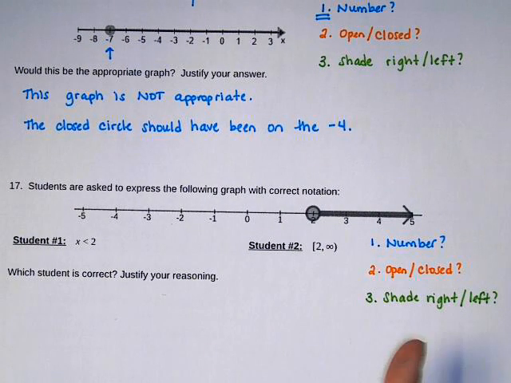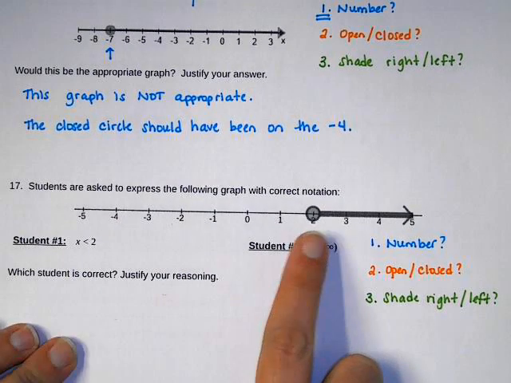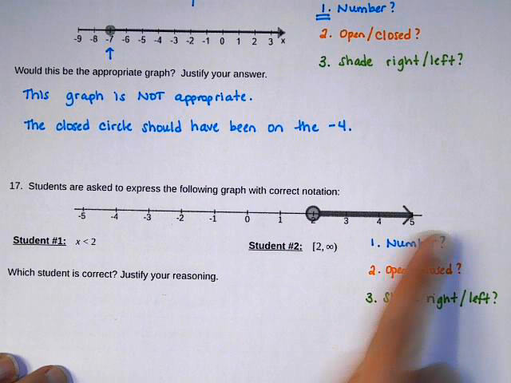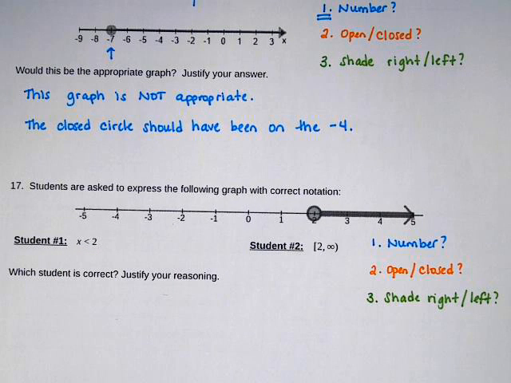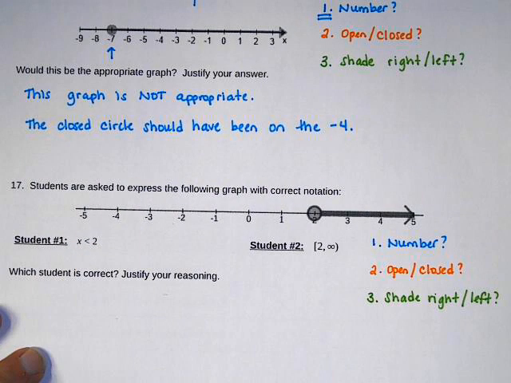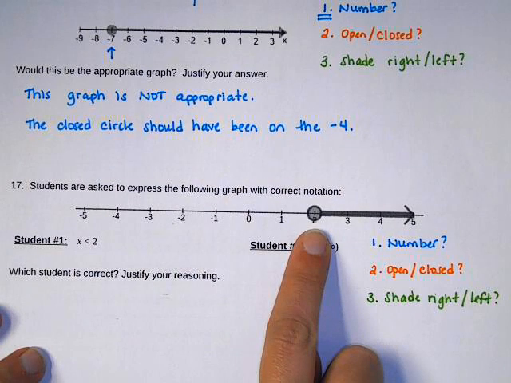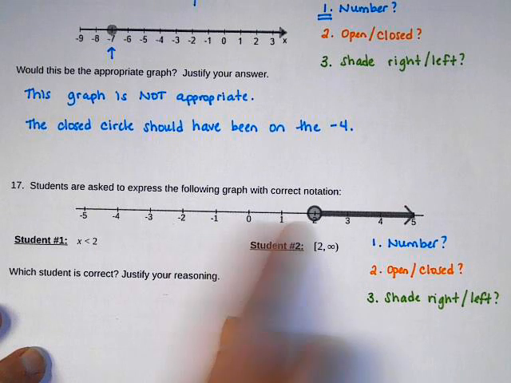If I look at this graph, I'm noticing there's a closed circle on the number 2, and they shaded to the right. For student number 1, they said x is less than 2. Now, I'm not thinking that that's correct. I'm thinking that's the wrong answer. And the reason is because x is less than 2 makes me think that it's on the right number, but this should have been an open circle, and they should have shaded to the left.